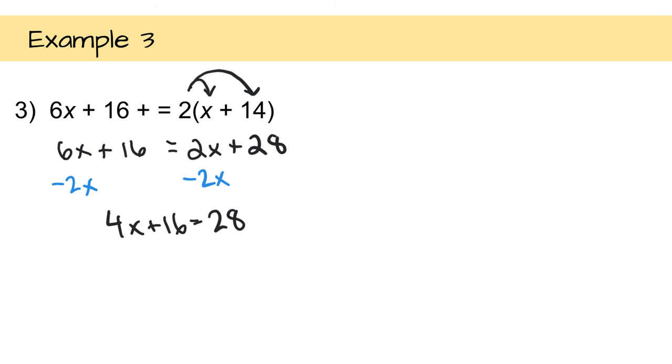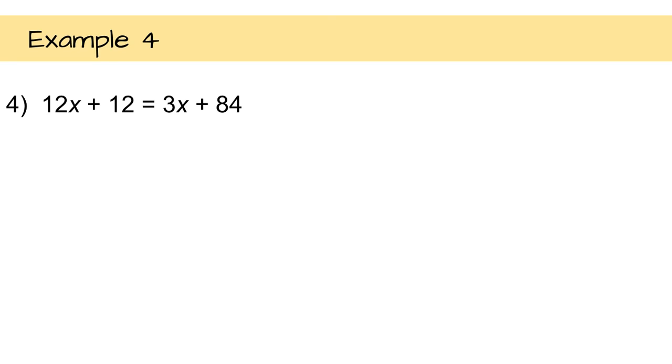And so that's a positive 16, so we're going to do the inverse operation, minus 16, and what we do to one side, we do to the other, leaving us with 4x equal to 12. And then the last step would be to divide, so we're multiplying by 4x. The inverse operation is 4, divide by 4 on both sides, which gives us x equal to 3.